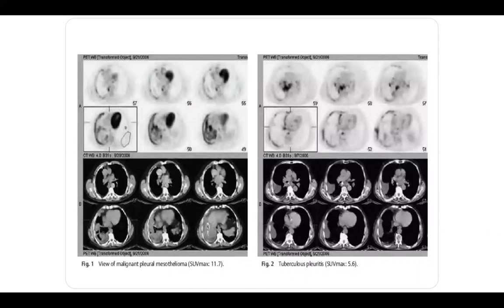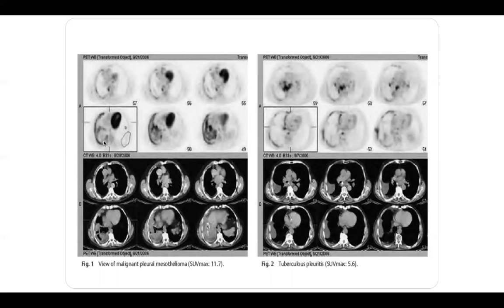Maybe the question would be, is PET CT enough or appropriate for the diagnosis of malignant mesothelioma? In order to answer this question, I want to share this slide. The left part of the slide shows a patient with malignant mesothelioma.